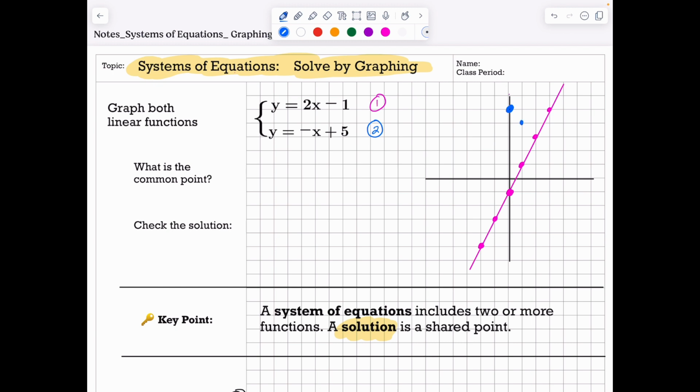I go down 1 and to the right, so that I create a negative slope. And again, I'm putting in a bunch of points. And we can already see that overlapped point right there that is common to both lines.